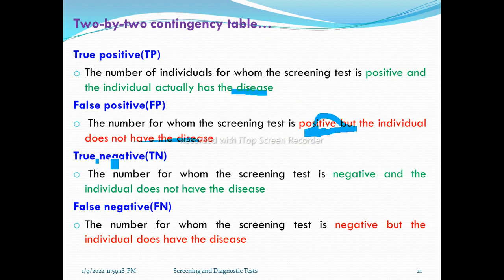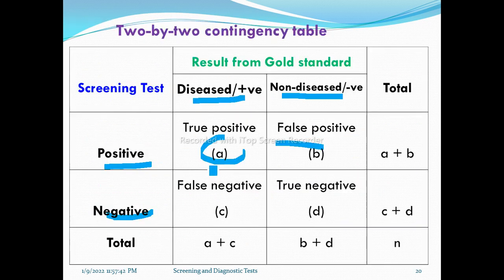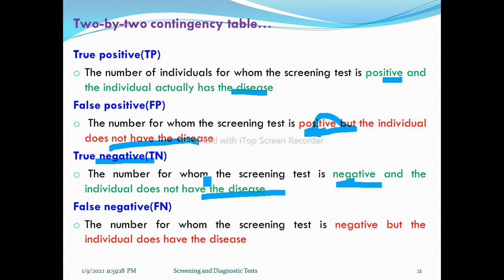The other is true negative. The individual does not have disease, and the screening test also says negative. This is known as true negative. The individual has no disease, and the test also says negative. So the other is false negative.